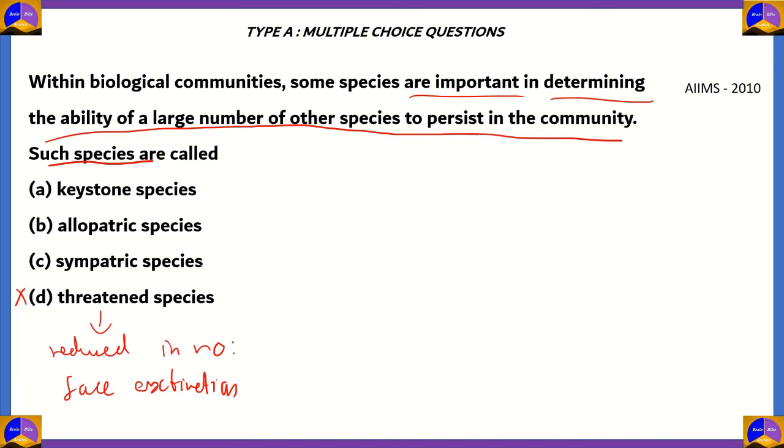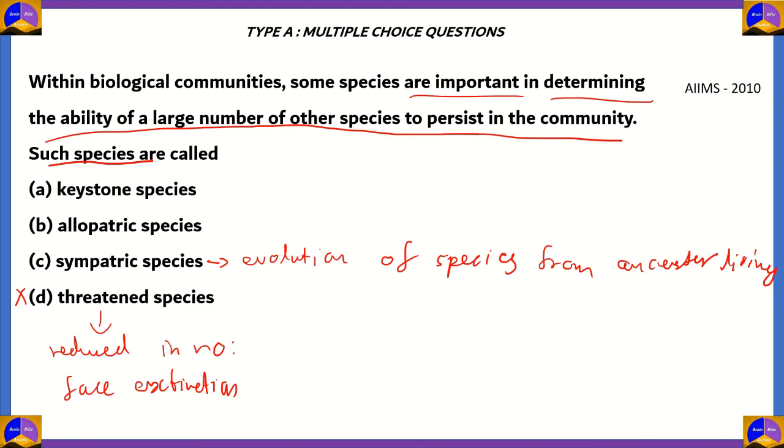Well, if you look at sympatric species, these species refer to evolution of species from an ancestor living in the same region. So this term refers to evolutionary concepts. So option C is incorrect.